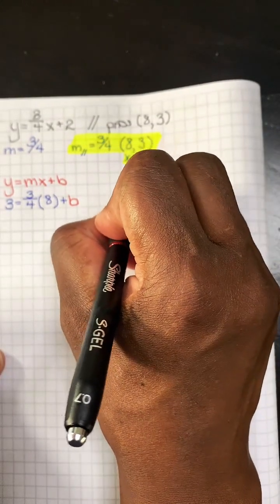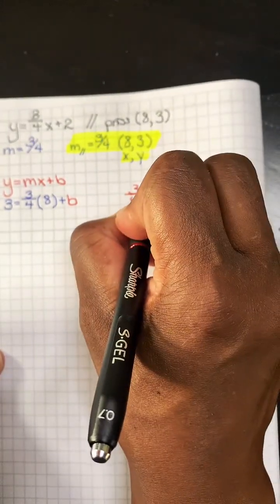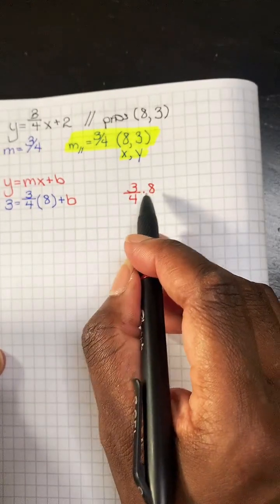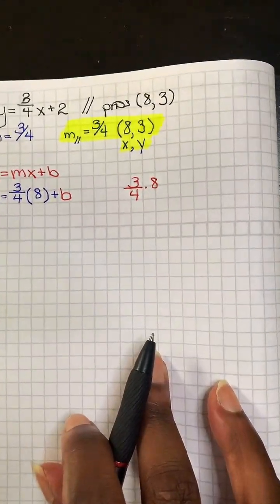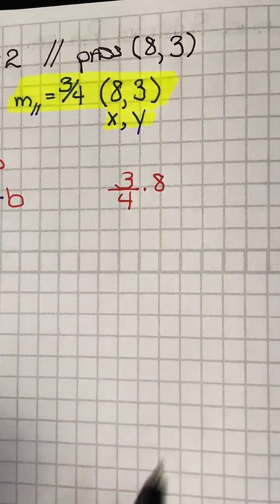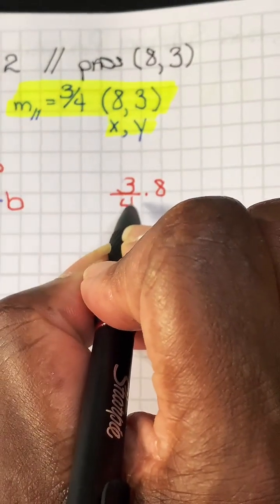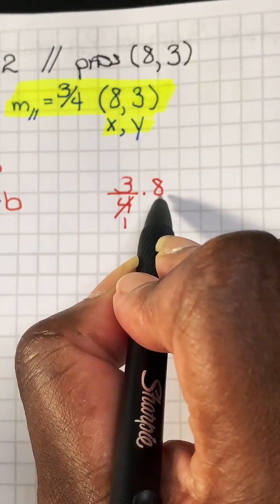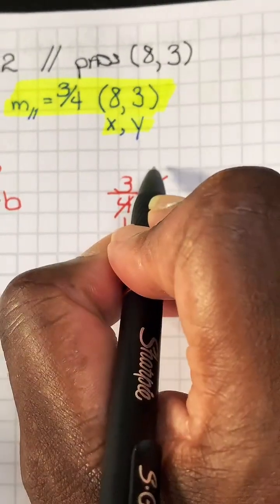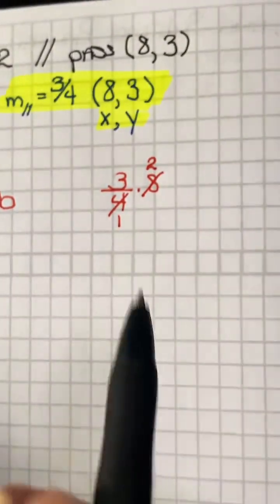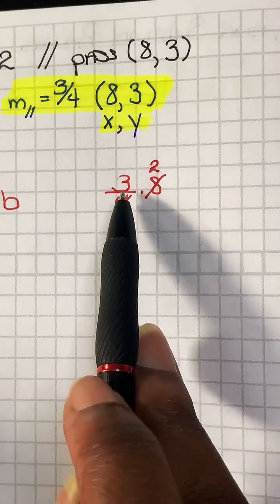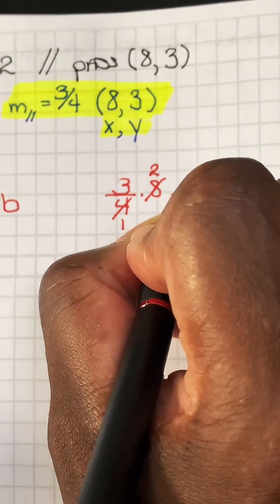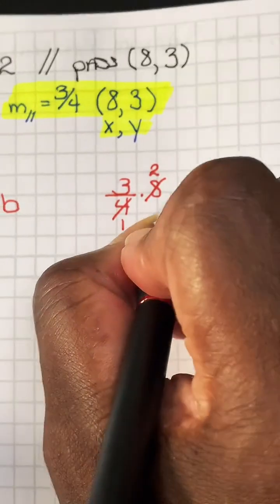So if I have 3/4 times 8, I could reduce the 8 and the 4. If I divide this 4 by 4, I get 1. If I divide this 8 by 4, I get a 2. Then what's left is 3 times 2, which gives you 6. That's one way of doing it.